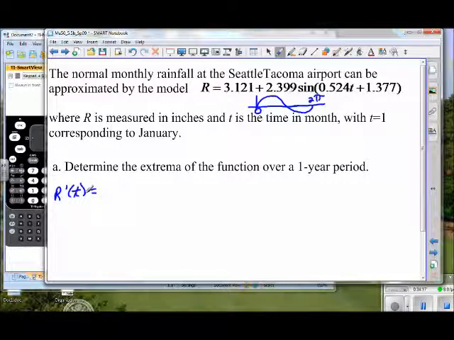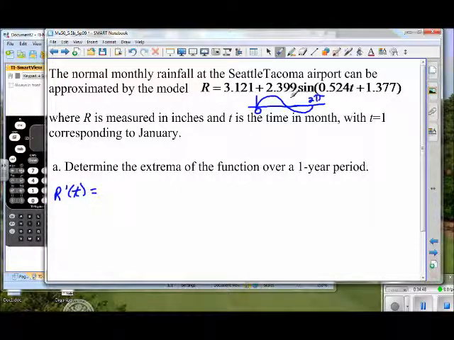And again, you remember how we find extrema. We take the first derivative, set it equal to 0, and find the zeros. Then we determine if they're maximums or minimums by placing the zeros of the first derivative into the second derivative. If the second derivative is positive, it's concave up, hence a minimum. If the second derivative is negative, it's concave down, and hence we would have a maximum.